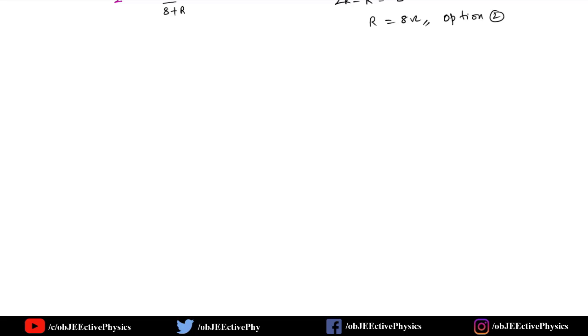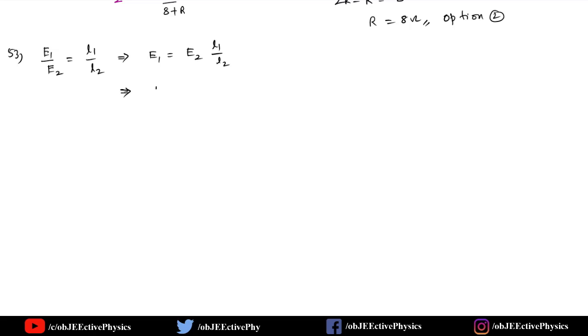Here it is a comparison of two cells, one is unknown EMF, another one is known EMF. E1 divided by E2 is equal to L1 divided by L2. E1 is equal to E2 into L1 divided by L2.